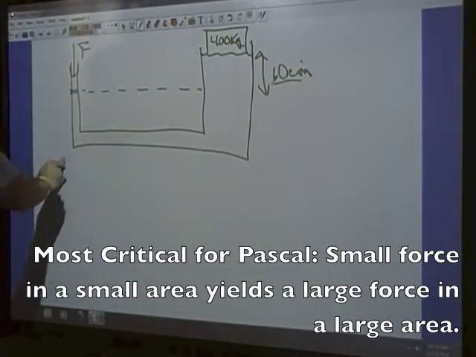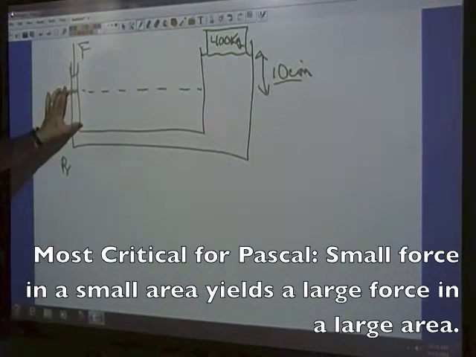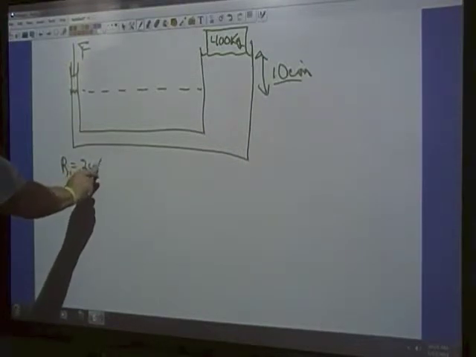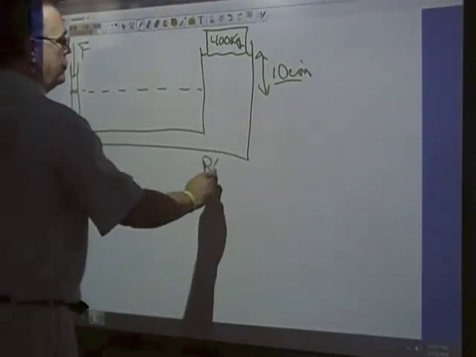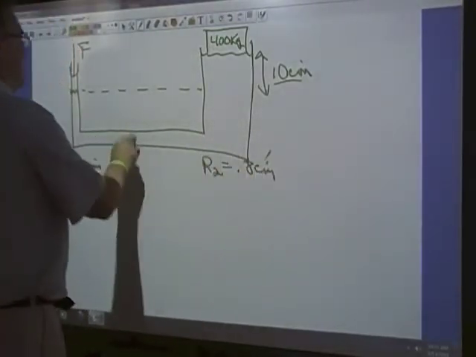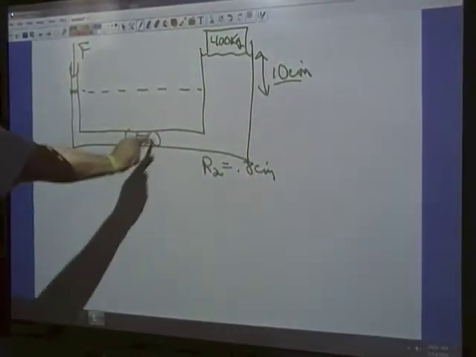Okay? Let's say my radius, and these are perfect circles, let's call these perfect circles just to get the idea down. Radius 1 is 0.2 centimeters, radius 2 is 0.8 centimeters. Let's say I'm full of fresh water.